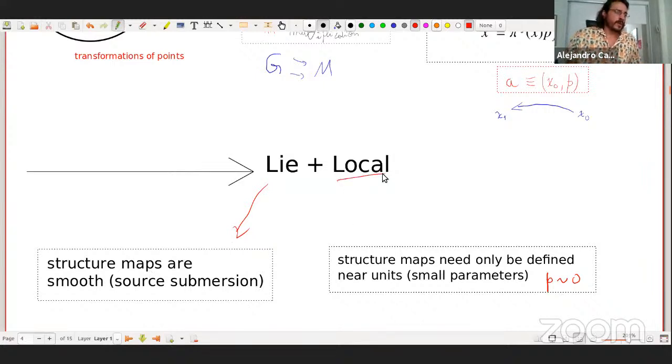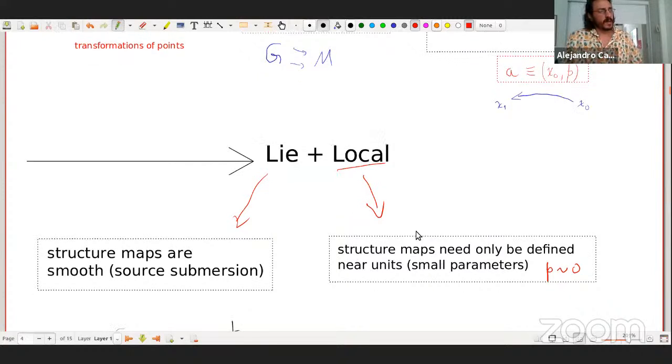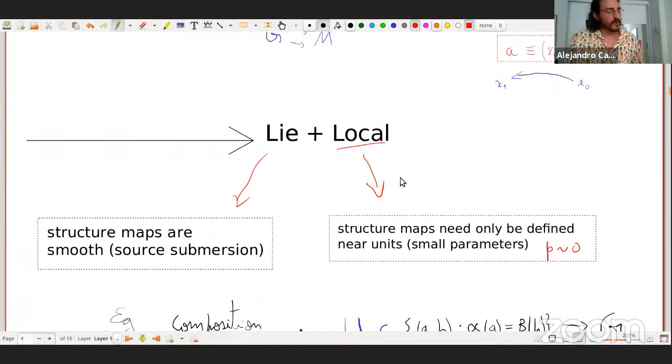And this local part is a bit less familiar, but maybe people are more familiar with local groups, or locally groups. And the idea is that here we only require the structure maps to be defined only near the units.